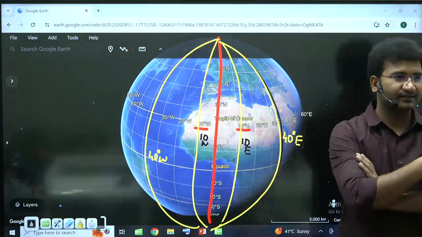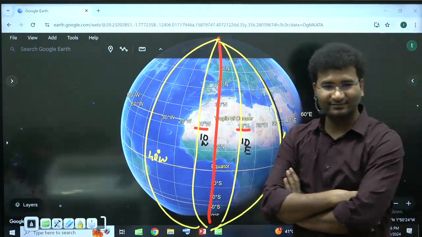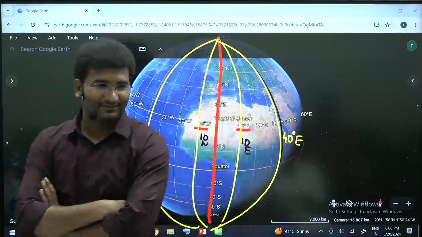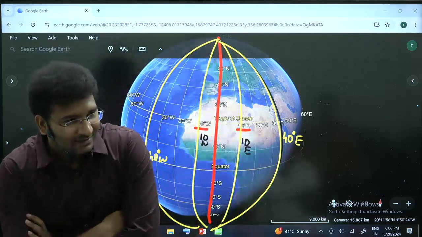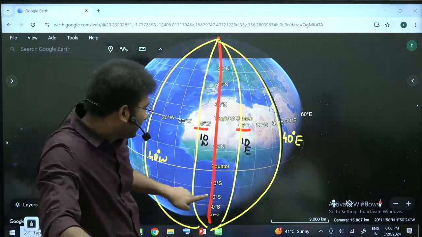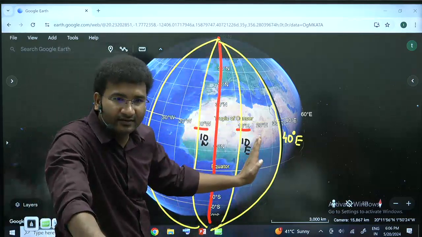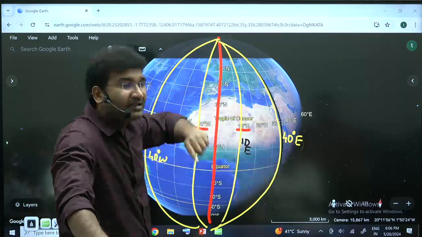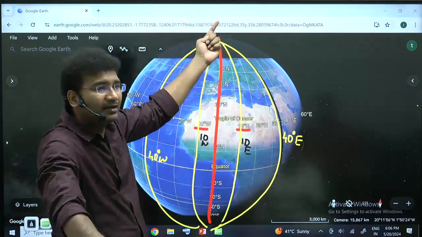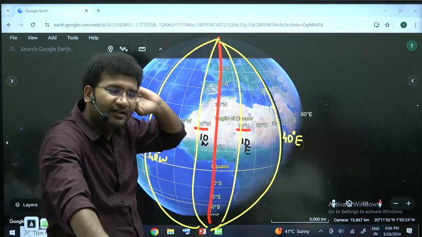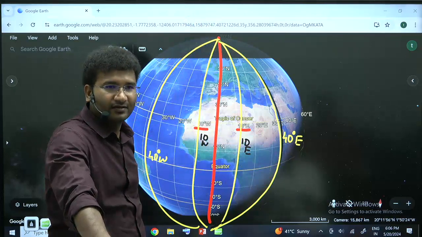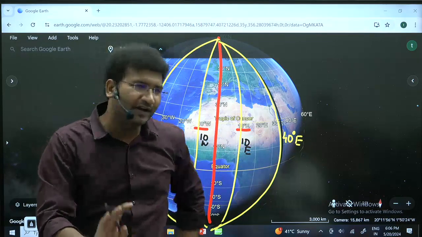How many degrees? ठीक है. अब आप बताओ, if I am moving from eastern side exactly to the opposite side of the prime meridian, ठीक है, how many degrees it will make? सबको पता है 180. क्यों 180 है?